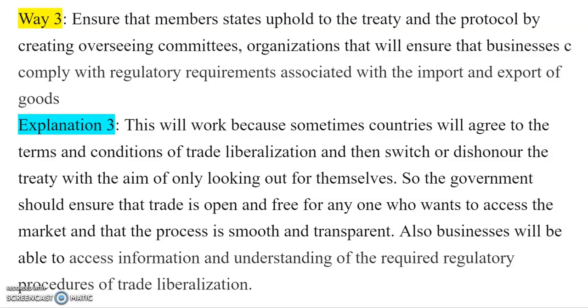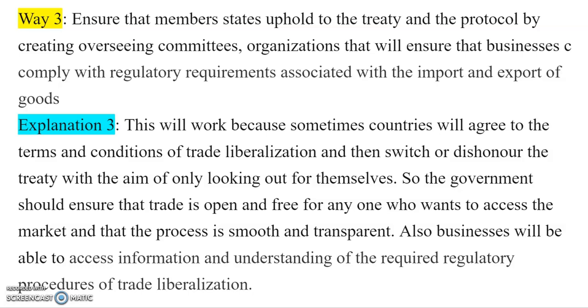So the government can ensure that trade is open, free, and transparent for anyone who wants to access the market, and that the processes and procedures are followed, and that the process is smooth and, as I said before, transparent. Also, businesses will be able to access information and understanding of the required regulatory procedures of trade liberalization.